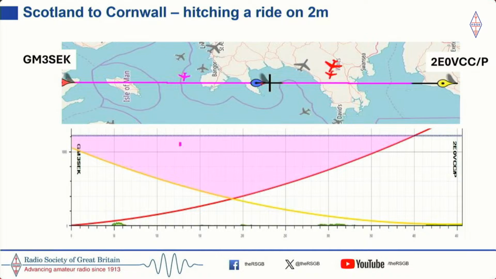The yellow line does the same for Darrell, so for both of us to see it, it has to be in this shaded area, and we usually call this the scatter zone. And you can see the mark there where this aircraft is just flying into the scatter zone.